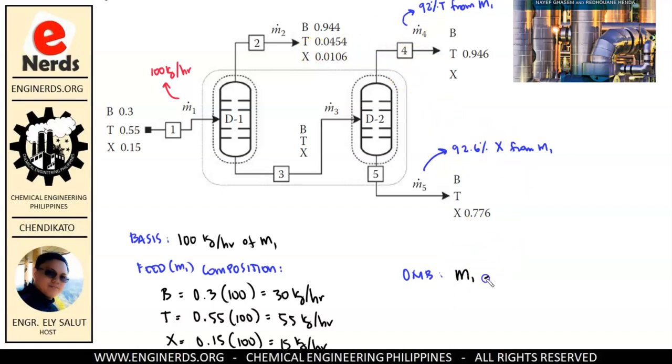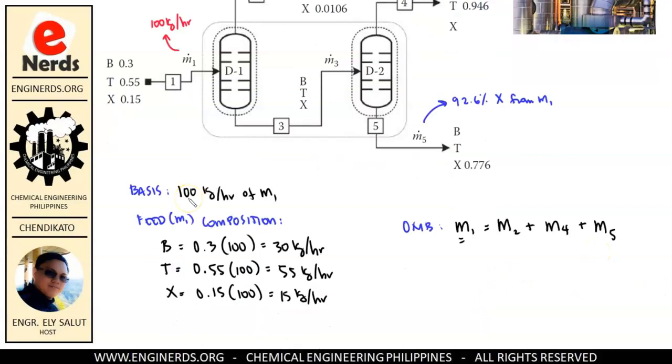So M1 is equal to M2, which is leaving, plus M4, which is leaving, plus M5, which is also leaving. Sa lahat ng ating given dito, ang meron lang tayong value is yung ating M1. The rest are unknown.